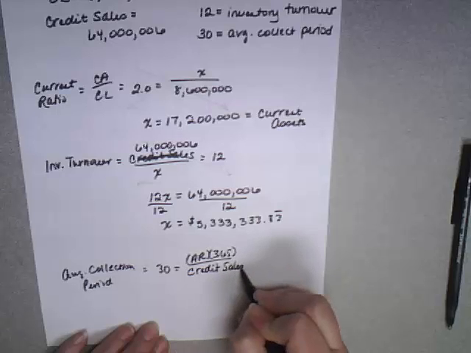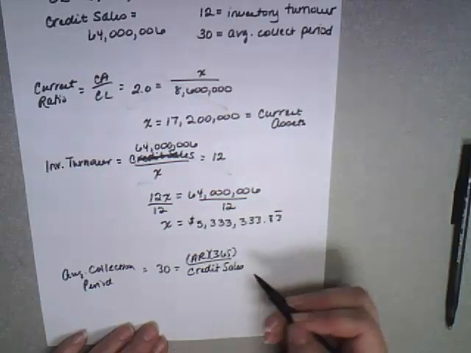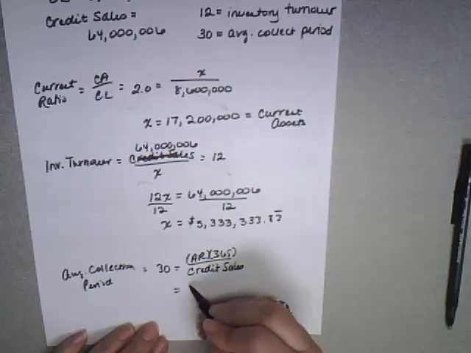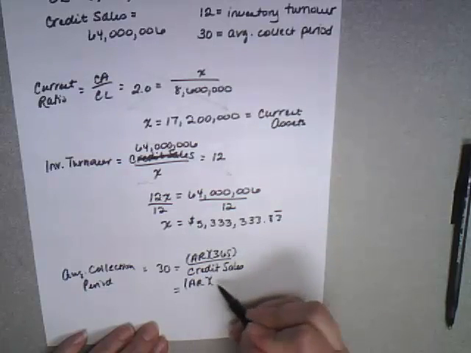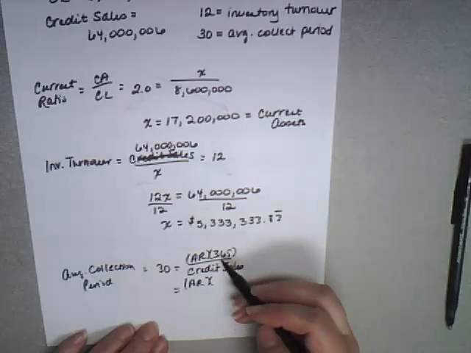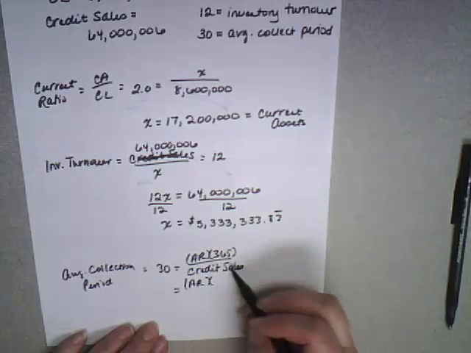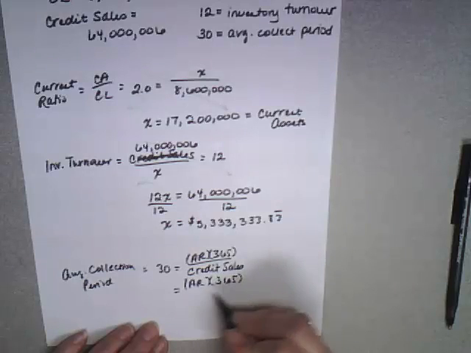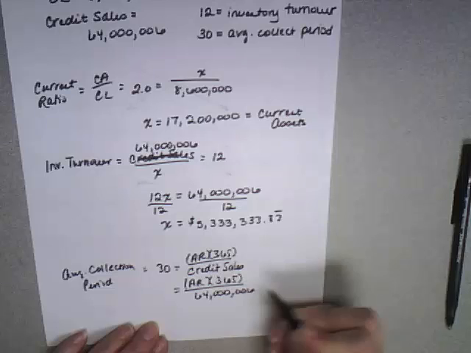Okay, so we don't know what the accounts receivable level is, but we do know what credit sales are. So we will divide that by $64,006.